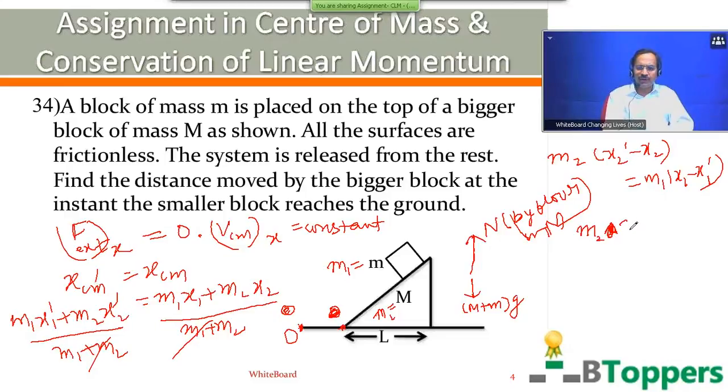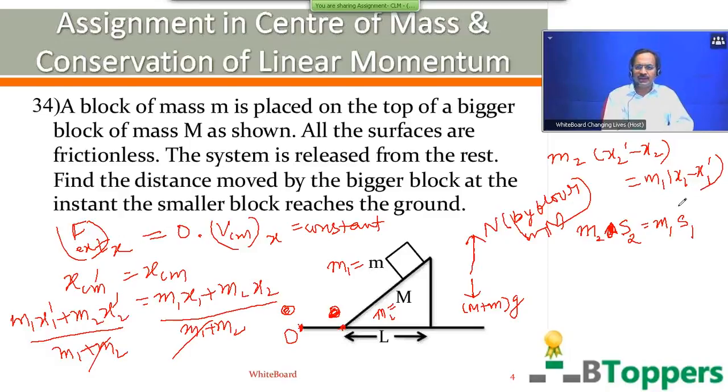I denote it by S2. S2 is the magnitude of the horizontal displacement of the bigger block of mass capital M. And similarly, x1 minus x1 dash gives you the horizontal distance moved by the first mass m1 towards the left side. The first mass m1 is coming nearer to the origin, which means the x coordinate of the first mass will decrease.